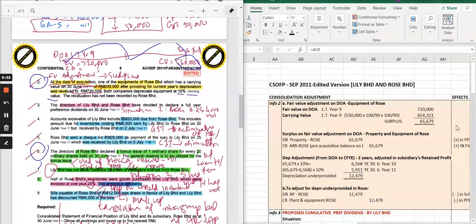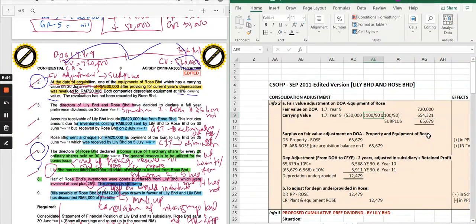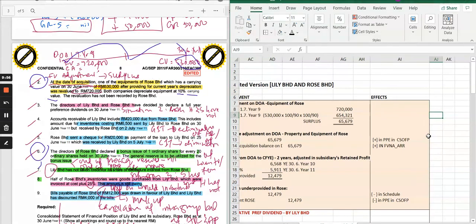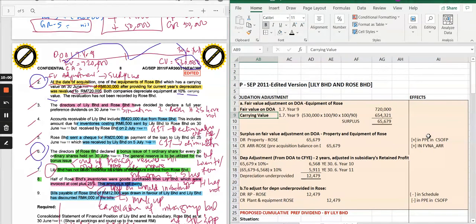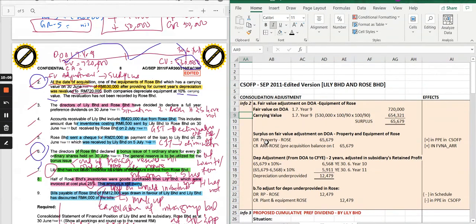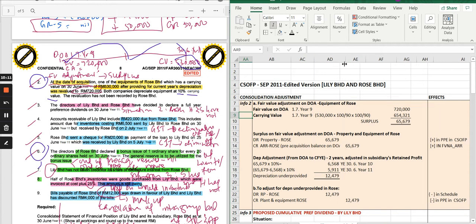After you have done that, you can do the journal entry for it, which is to debit the property and credit the asset revaluation reserve, and adjust the pre-acquisition balance on the date of acquisition.